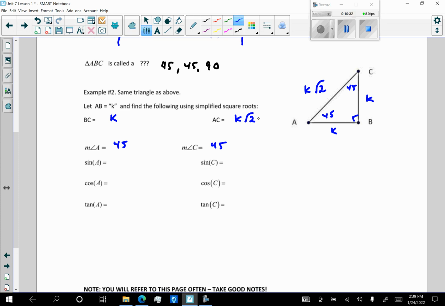And if you do the math here, look at the sine of A, which is going to be the opposite, which is K, over the hypotenuse, which is K square root of 2. Guess what that ends up being? Square root of 2 over 2. Hey, guess what the cosine of A is going to be? Square root of 2 over 2. Guess what the tangent of A is going to be? 1.